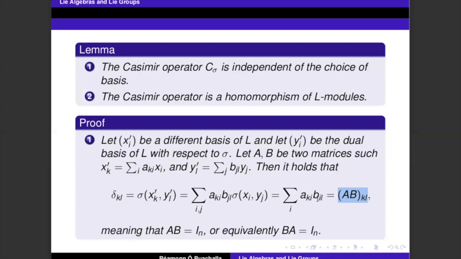This means that the entry here in this matrix kl is actually always going to be equal to Kronecker delta kl. But that's just the identity matrix. It's just going to give you ones on the diagonal and then zeros everywhere. It's the identity. That, of course, by basic matrix manipulation, equivalently means that BA is equal to the identity. So this is the one that we prove, and then it turns out we need this, but of course it's equivalent.